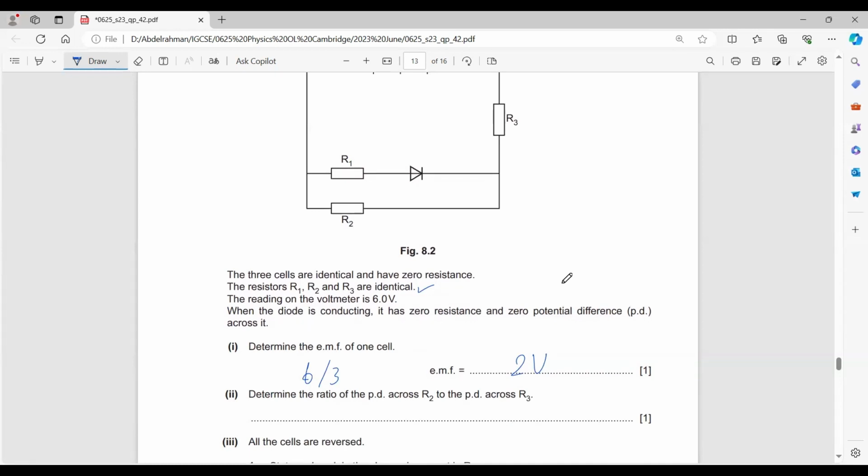Since they're all the same, isn't it 1 to 1? That would have been correct if they were all in series. Here it will be 1 to 2. Why?